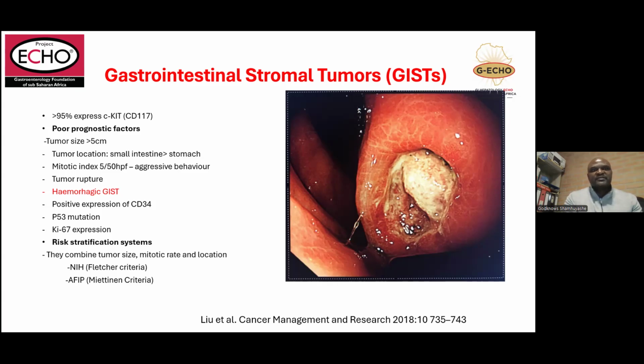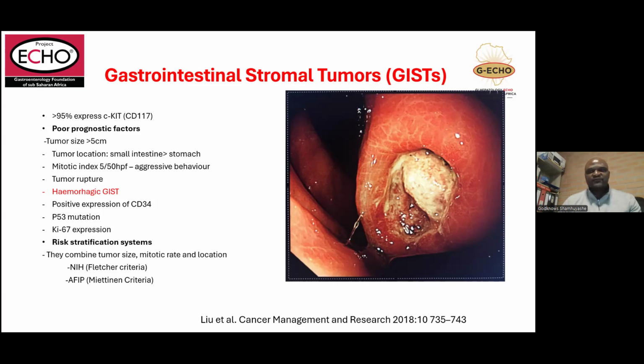Also the mitotic index, which is more than 5 per 50 high power fields, indicates aggressive behavior. A tumor which has ruptured and is hemorrhagic is just a poor prognostic sign, and also other factors like your p53 mutation and Ki-67 expression.